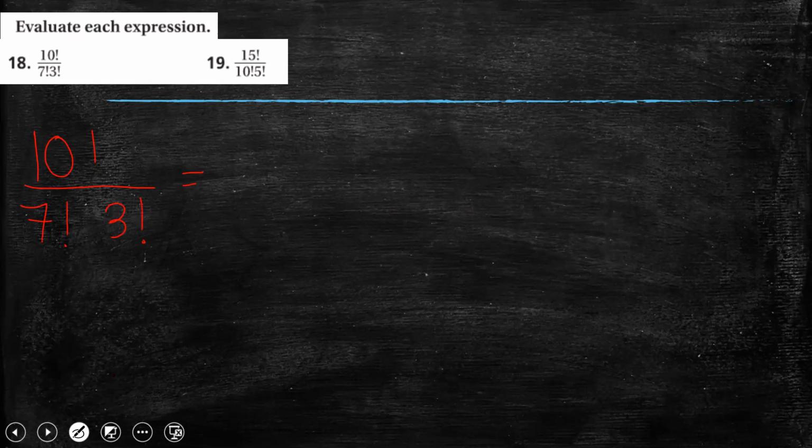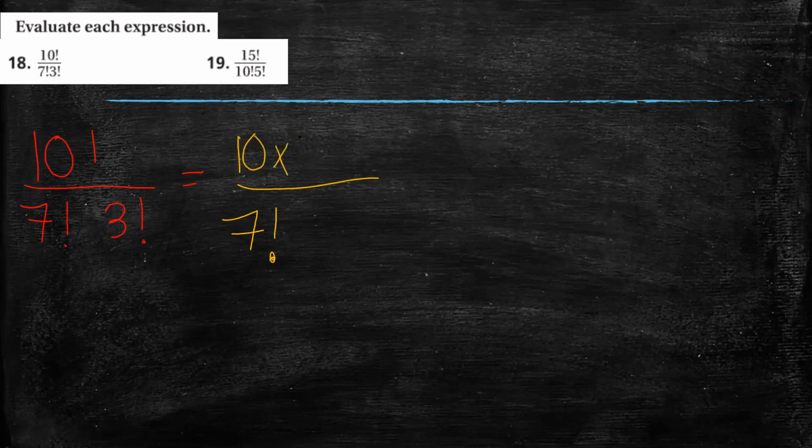Since I have 7 factorial down, keep it as it is, and I want to write 10 factorial but stop at 7. So it is 10 times 9 times 8 times 7. Since in the denominator I have 7 factorial, I have to stop here to simplify them. Then I have to find the factorial of 3.